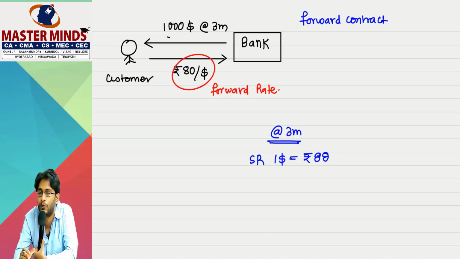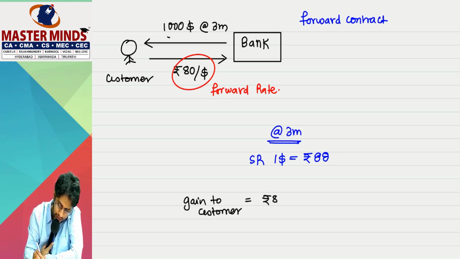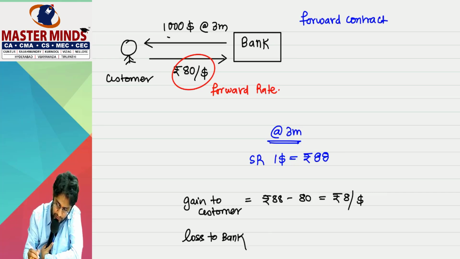Customer is very happy. Who is not so happy? Bank. Because under this contract, they are obligated to sell the dollar only at 80, even though the worth of the dollar in the market is 88. So tell me, sir, what is the gain to the customer? 88 minus 80, rupees 8 per dollar. Similarly, there is a loss to the bank, the same amount, rupees 8 per dollar.